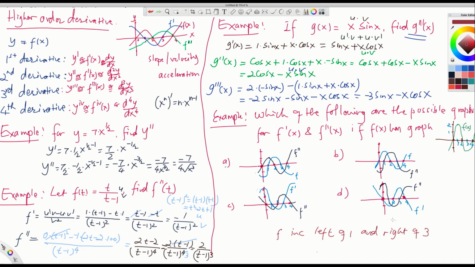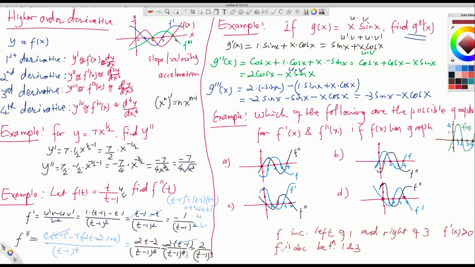So what do I need there? At these points, left of 1 and right of 3, what I need is that f prime of x must be positive, meaning it must be above the x-axis, okay? So f is decreasing between 1 and 3, right? We are looking at the function f.